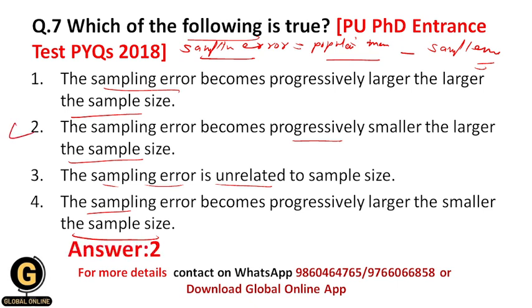The sampling error becomes progressively smaller the larger the sample size, because when you choose a larger sample size, the difference between population mean and sample mean is going to minimize, as the sample is very large. There won't be much difference between population and sample, so the sampling error is going to become smaller.